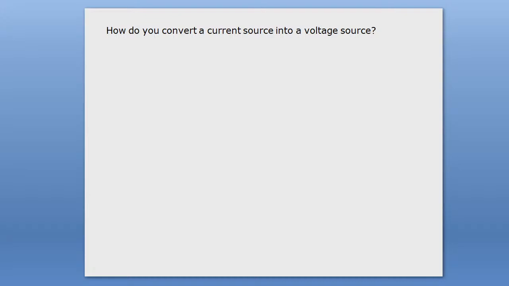You know that the voltage or current of this source does not change by changing the value of other parameters in the same circuit, maybe passive elements or other elements, connecting wires, etc. How do you convert this current source into a voltage source? Can anyone tell me the answer of this question?